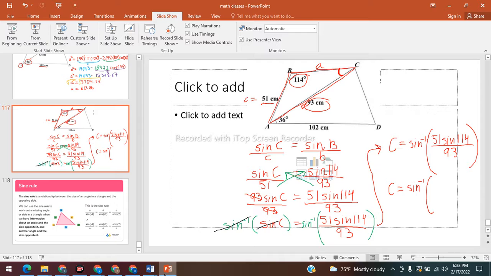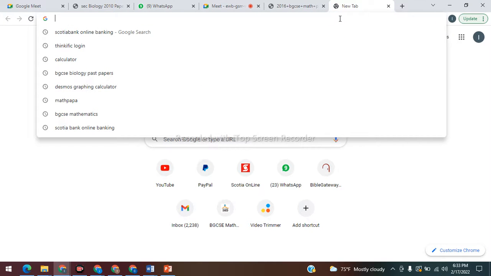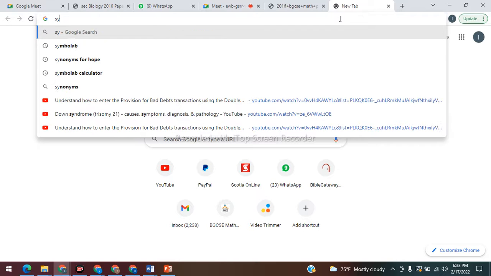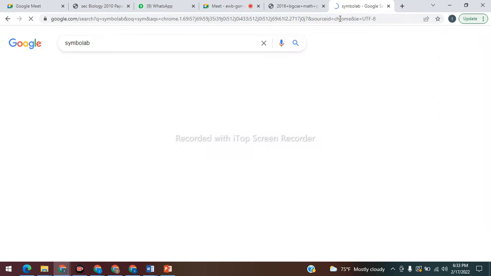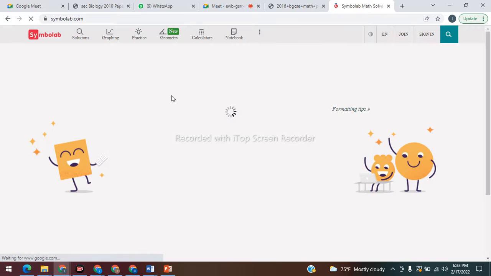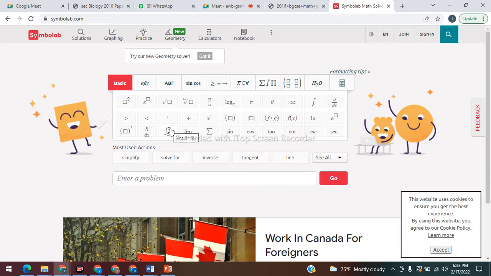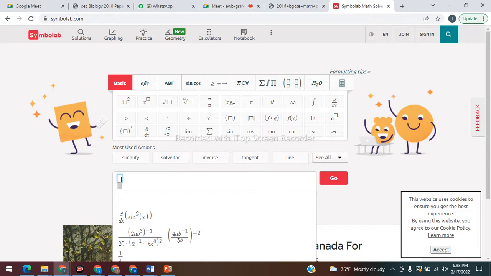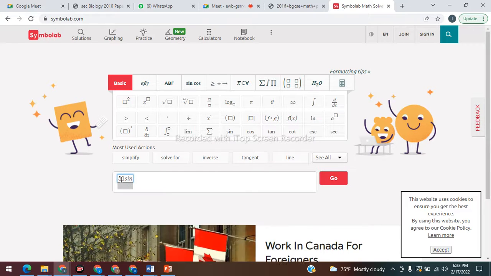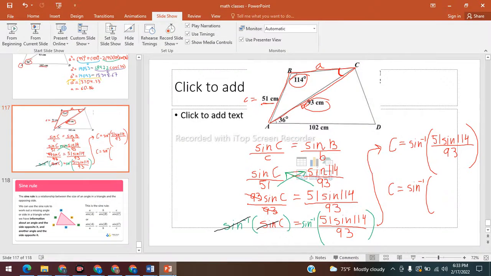So we need to figure out what is 51 times sine of 114 divided by 93.